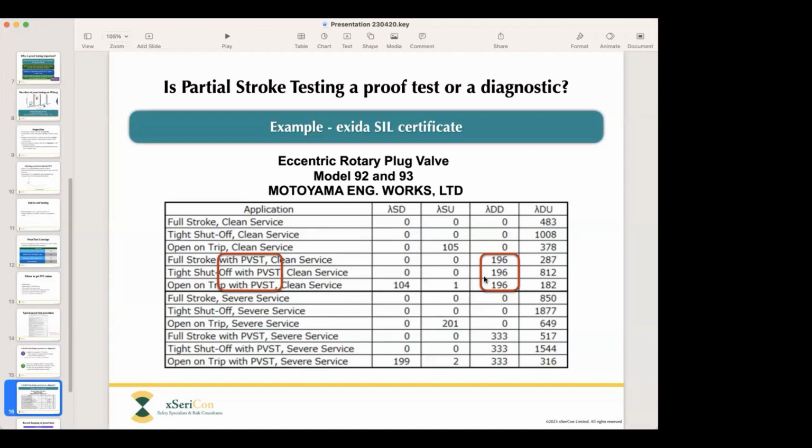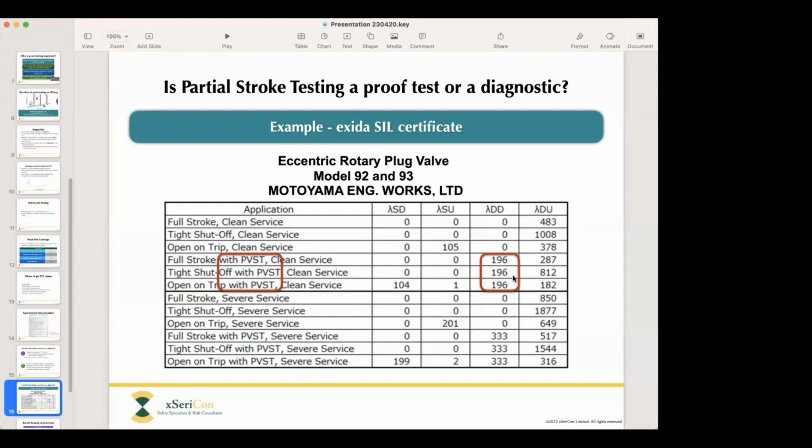And what they've done for the with partial stroke testing values is they've deducted 196 from the lambda DU and counted that separately as a lambda DD. And that is valid only if the partial stroke test is a diagnostic.